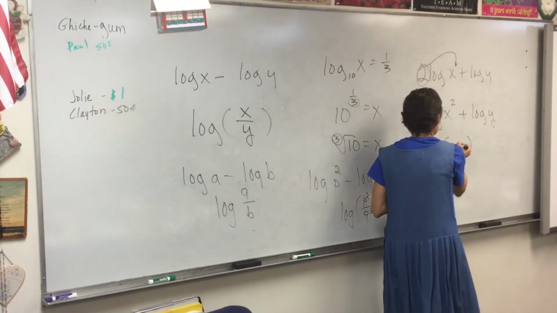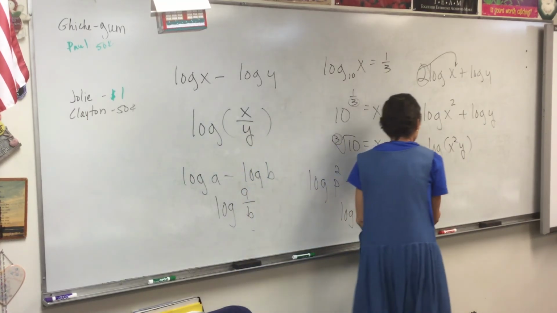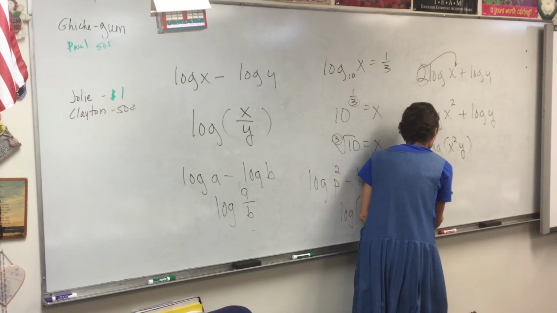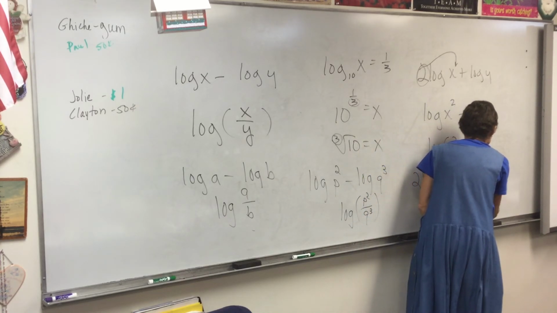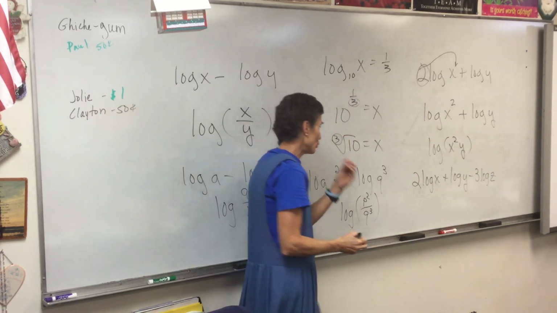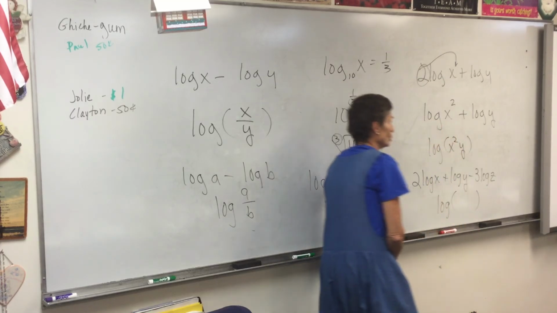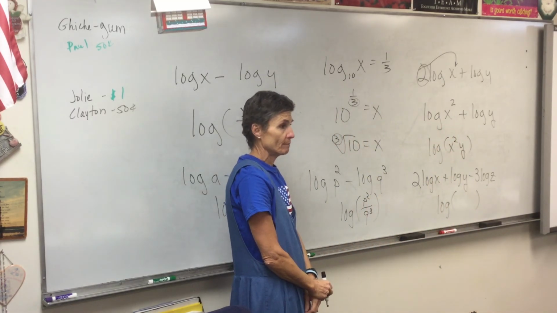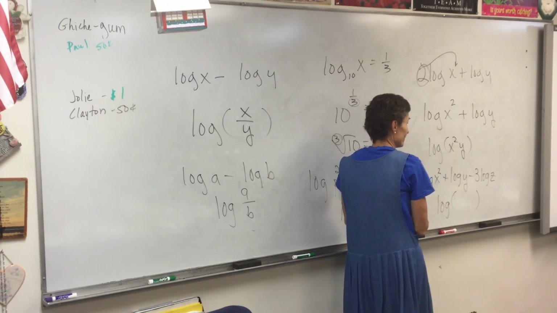Now we're going to spend more time on this the next time we're together, but one final problem I want to leave you with to kind of wrap it up. What if we had this? Could you look at that monster? Could you put that together as one logarithm expression? First of all, you'd put this up here, right?